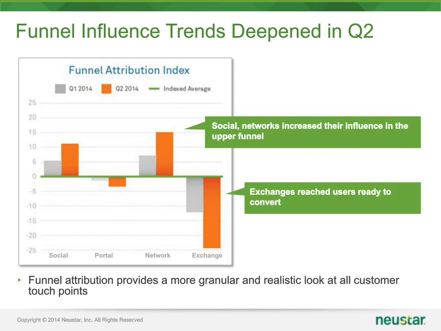And so the next and last index that I want to touch on is the funnel attribution index. This is fundamentally a look at which channels are undervalued in a last touch model.